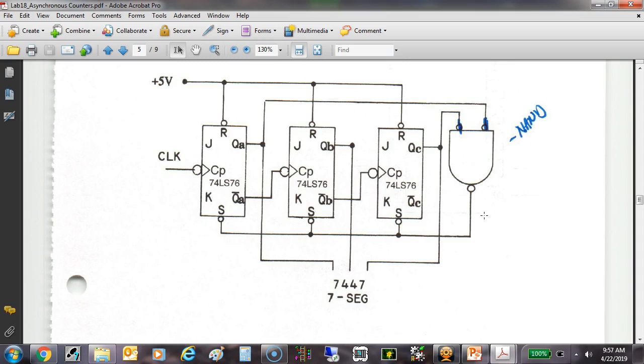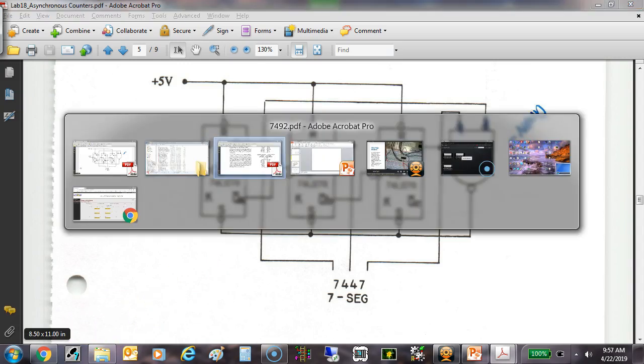But it would only count 0 and 2. So this guy right here, let's see, what are we resetting on? Let's make sure. No, that's not a 3, guys. It's not a 4, guys. It's not a 2, guys.